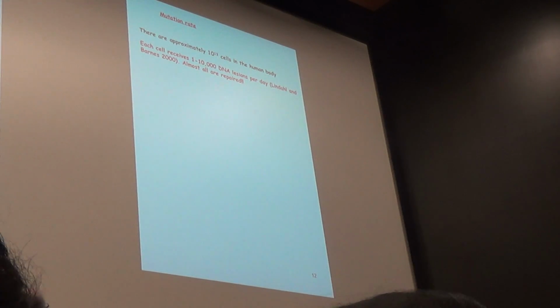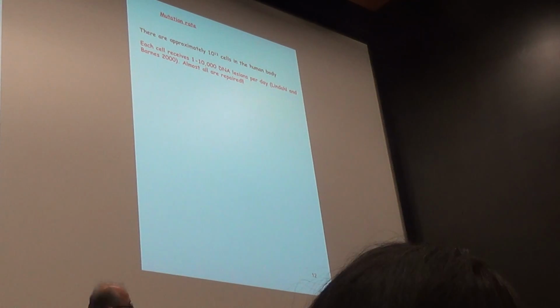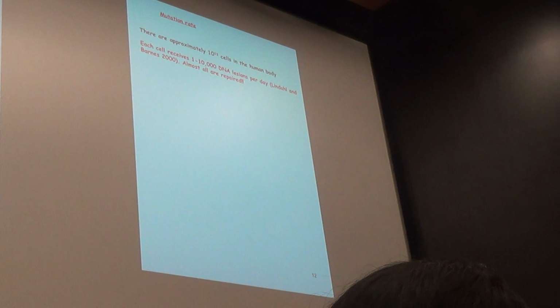Each cell, on average, receives between 1,000 and 10,000 lesions every day. So you can imagine how common this is. Okay? Almost all of these lesions or mutations or damage are repaired. And repaired correctly, and if they're not repaired, the cell is killed. That's the way the process works. Apoptosis, cell dies, new cell is generated and fills in the void.